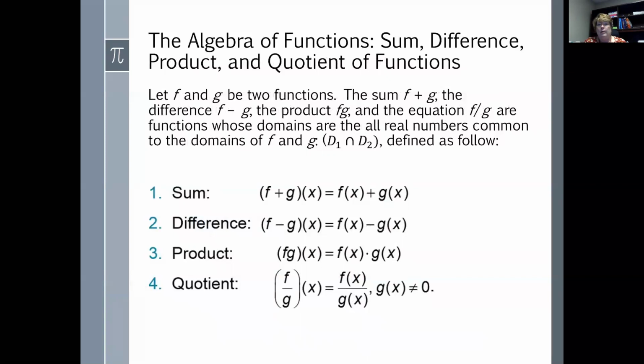So here are our 4 functions that we can create using addition, subtraction, multiplication, and quotient, division. To find the sum function, you add the two functions together. The difference, you subtract the two functions. The product, you multiply them. And the quotient, you divide them.